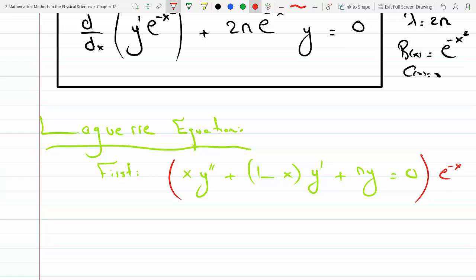But how it helps is when I have x e to the minus x y double prime, so my a of x would be x e to the minus x. If I differentiate that using the product rule, I would get 1 e to the minus x minus x e to the minus x, which would be exactly the coefficient of y prime.